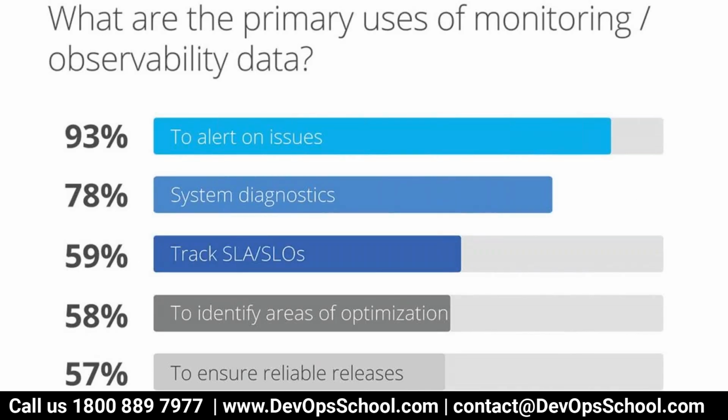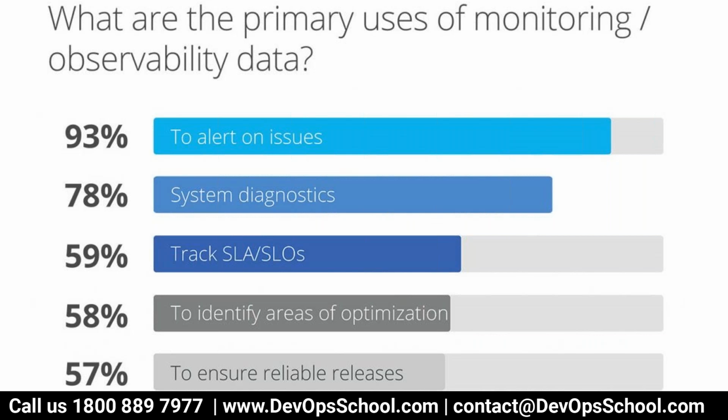Now, what are the primary uses of monitoring slash observability data? Yes, 93% of the time we set up monitoring to alert on issues. Issues can be anything: server issues, network issues, system issues, process issues, and different things. We also want to diagnose.